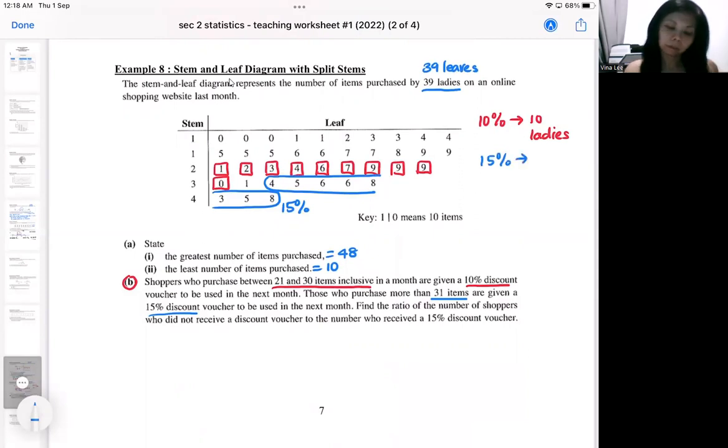There are 8 ladies with 15%. Out of 39, who are those with no voucher? No voucher will be 39 minus 10 minus 8, so that will be 21. From there, we will find the ratio.